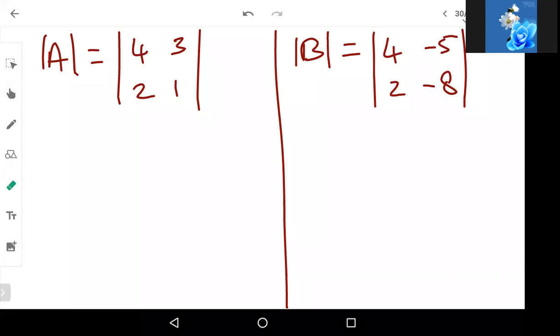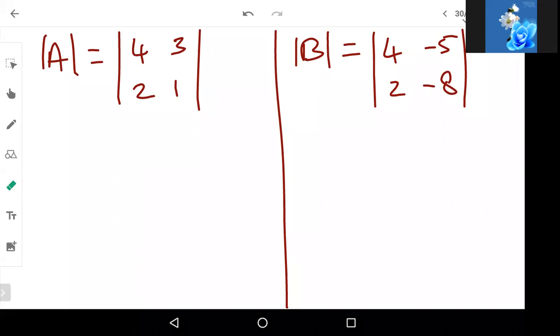Okay, good. So let us start with the 2 into 2 matrix. We'll solve a few problems and then we will go to the other part. Okay, so the first problem. Okay, good. Lakshmi has got the answer.